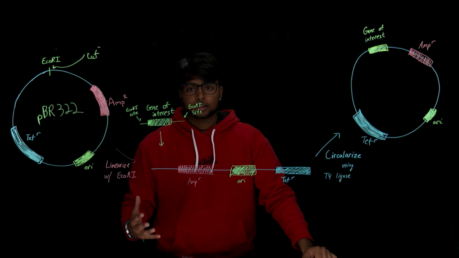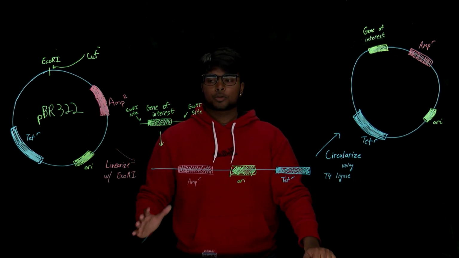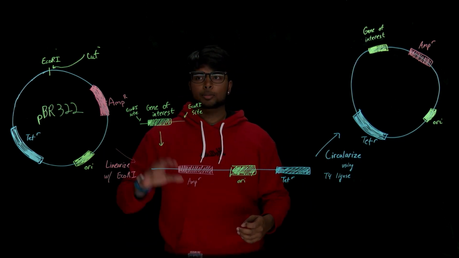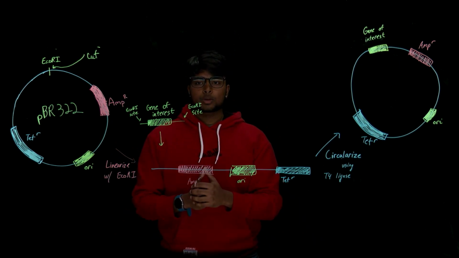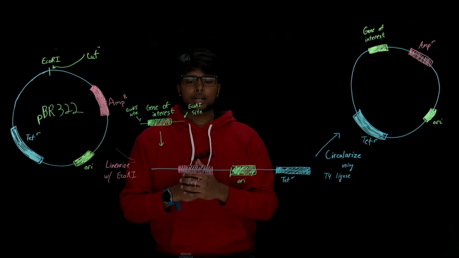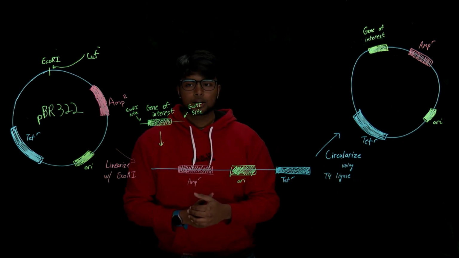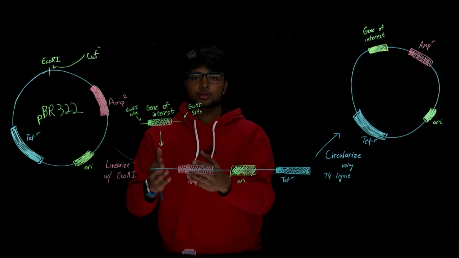EcoRI will make a staggered cut, and this will be important later, as you'll see. So first thing, to use this as a cloning vector, we want to cut the plasmid using EcoRI enzyme. Then it will become a linear piece of DNA. Once this DNA is linearized, we will insert the gene of interest.